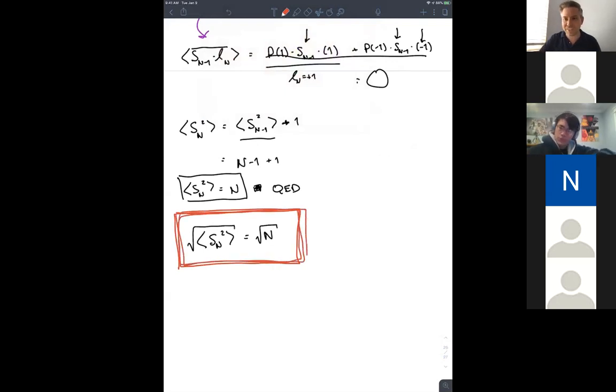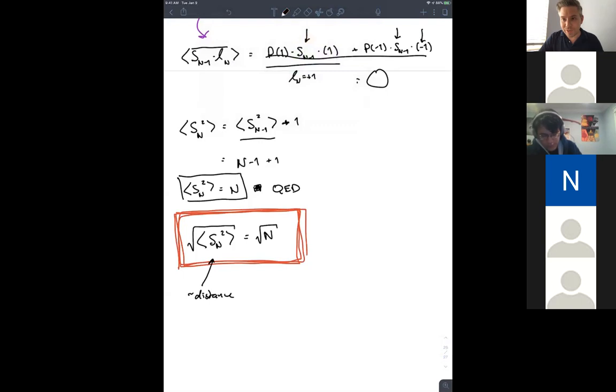That's a lot of red boxes. That means that's important, okay? Remember that this quantity here is related to the distance that our walker has traveled in this playground. And we have shown that the root mean squared distance that this thing travels is equal to the square root of the number of steps that you take.